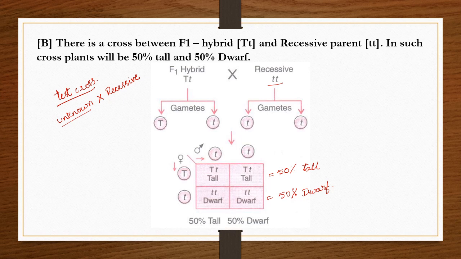Whereas in a back cross, the cross is always made with F1 individuals, either with the dominant parent or the F1 hybrids with the recessive parent, and then it is called a back cross.